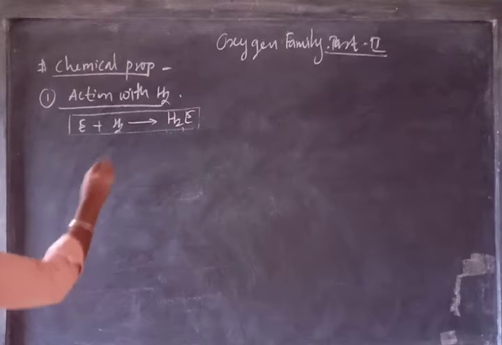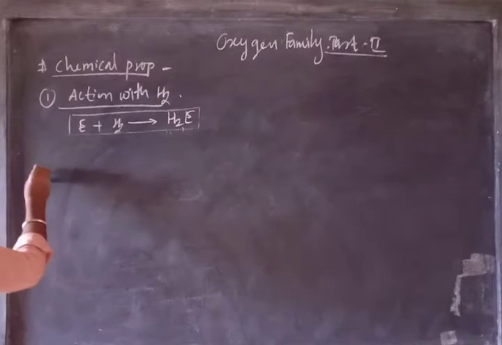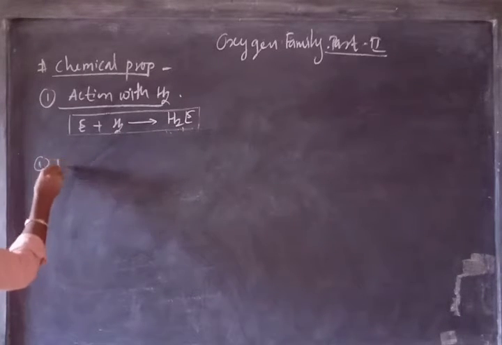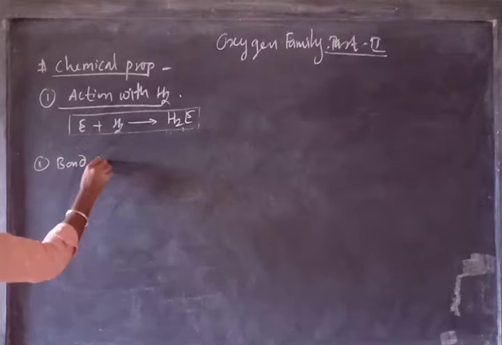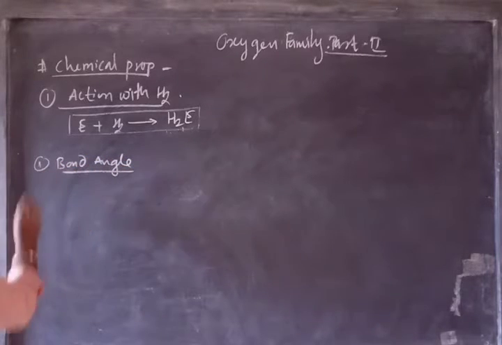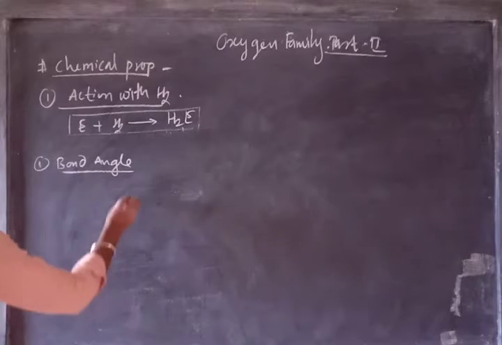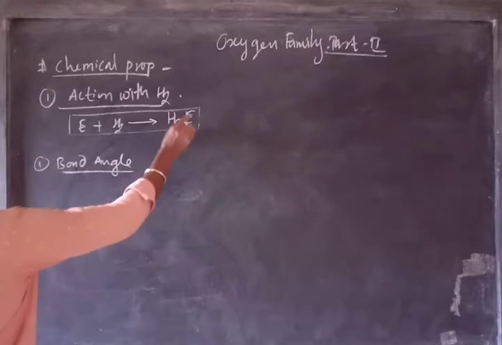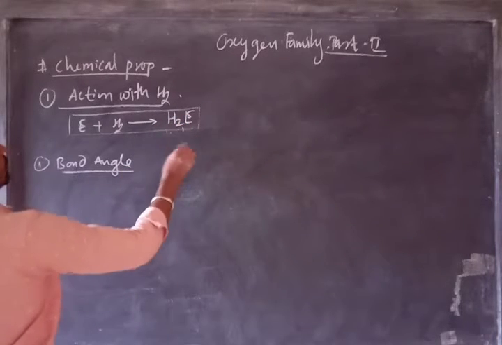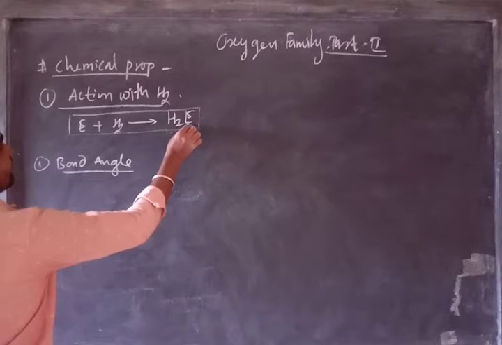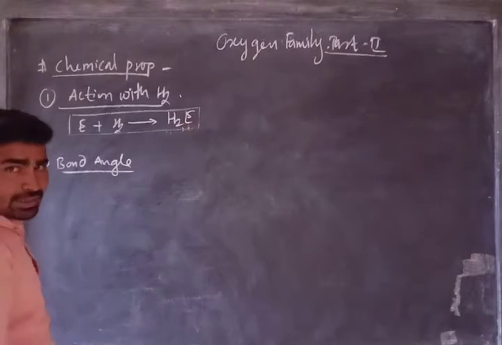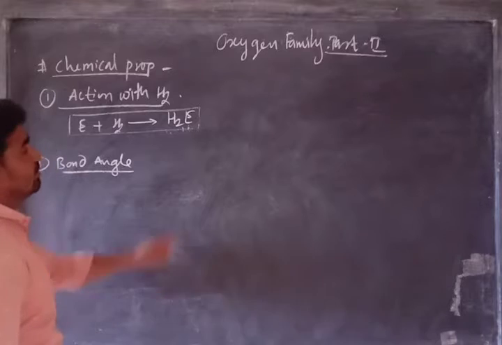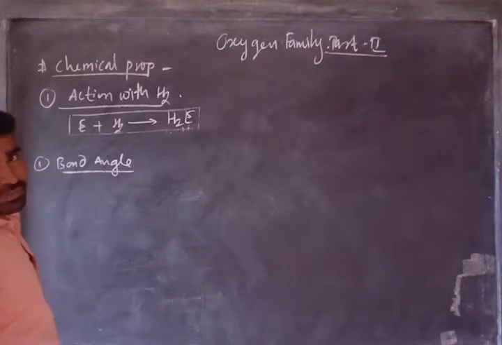Here we learn the different characteristics of the hydrides. First is bond angle. We should know that in these hydrides there is a central atom having different electronegativity and the same terminal atoms.